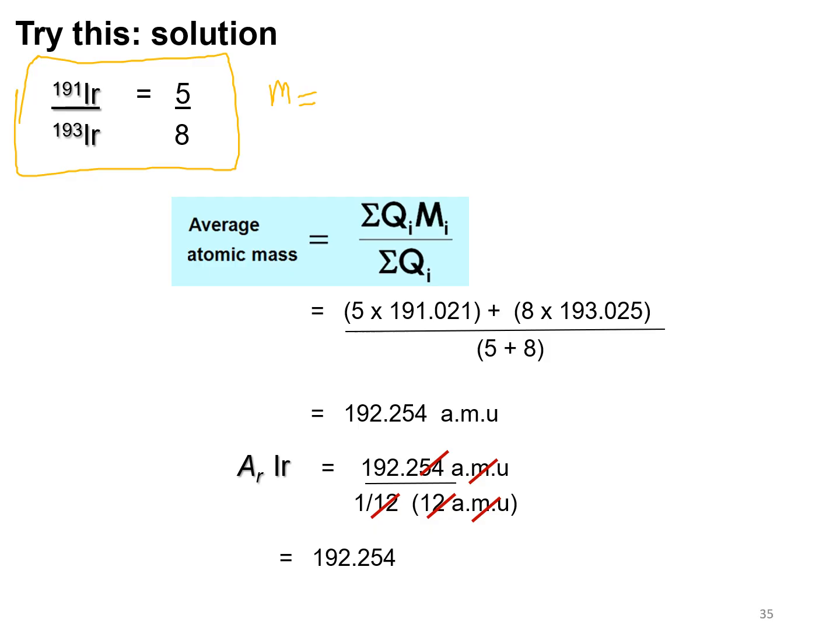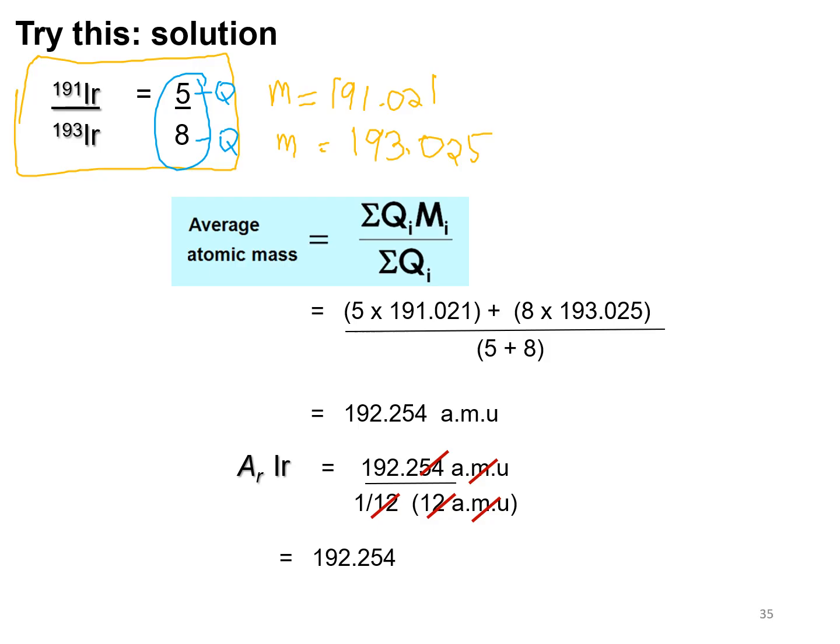Relative mass ataupun isotopic mass dia adalah 191.021, manakala relative mass untuk 193Ir adalah 193.025. Okay. So ratio yang dia bagi tu apalah? Ratio ni, this ratio adalah Q untuk setiap isotop.